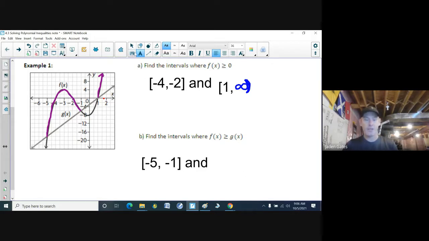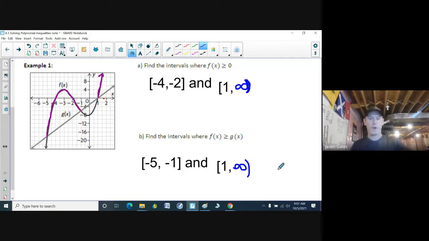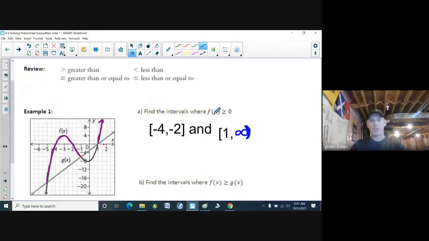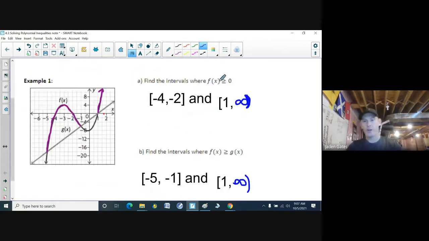So it's almost the same interval, but a little bit different. So again, close bracket, 1, and infinity, and again, you can't reach infinity, so close round bracket. All right, so again, that's just a visual representation of solving a polynomial inequality, either comparing it to a number or comparing it to another function, which we are going to do.